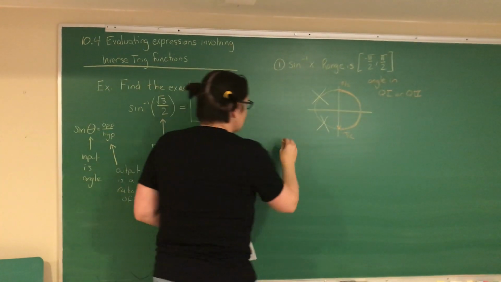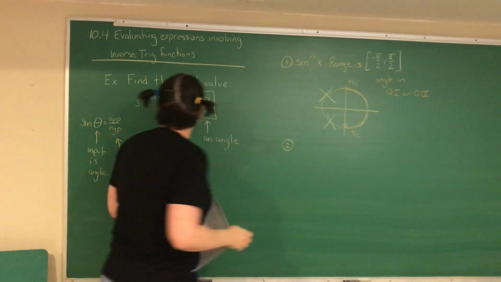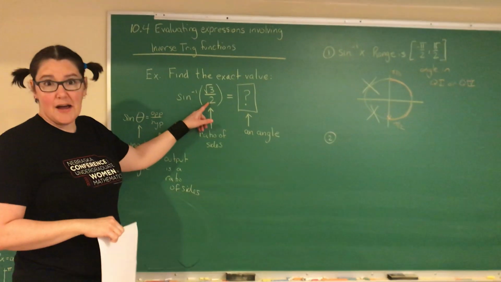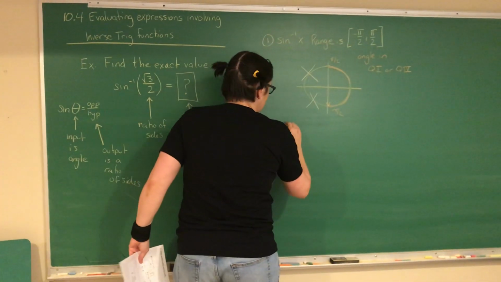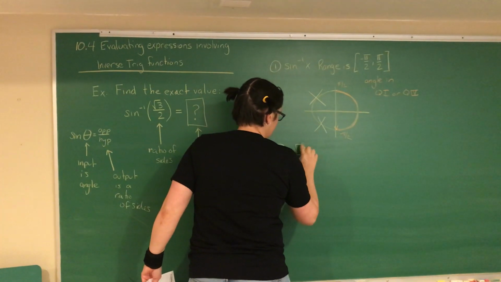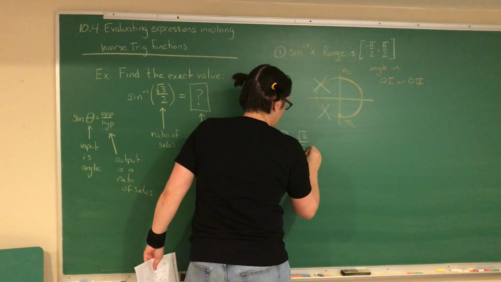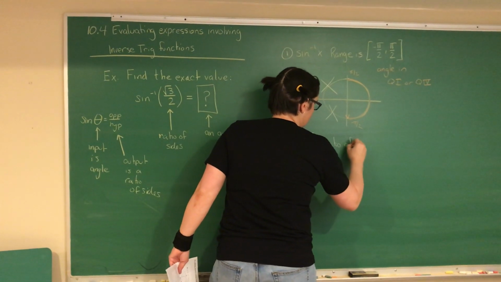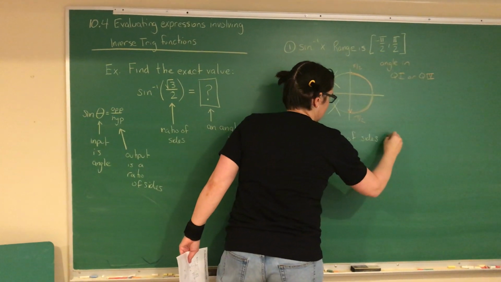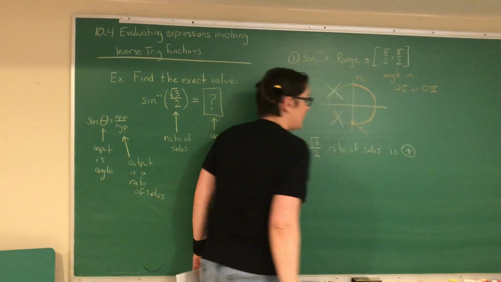All right, the second thing that I observe here is that our ratio of sides, the input into our arcsine function, this input root 3 over 2, our ratio of sides, in this case, is positive.